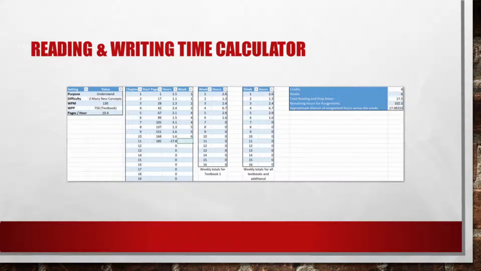And that gets us the number of pages per hour. We can enter the start pages for all the chapters in the textbook. It gives us the hours estimate of how long we can expect it to take. And we can then even assign that to the week in the course, which combines in a number of different tables here the full reading and prep object estimates, which will include this information from up to 4 different textbooks, additional reading.